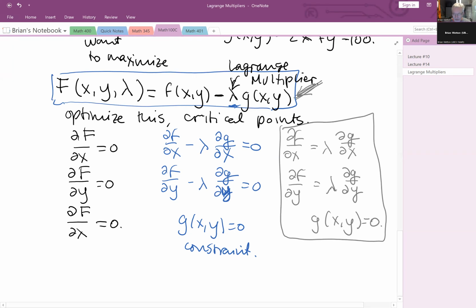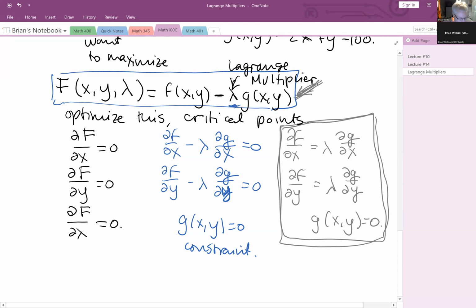I mean, this is just one formula to remember, and take partial derivatives and find critical points. Or, as I say, you can just start with this form, and I have three equations for three unknowns. I'm looking for x, y points and values of lambda.